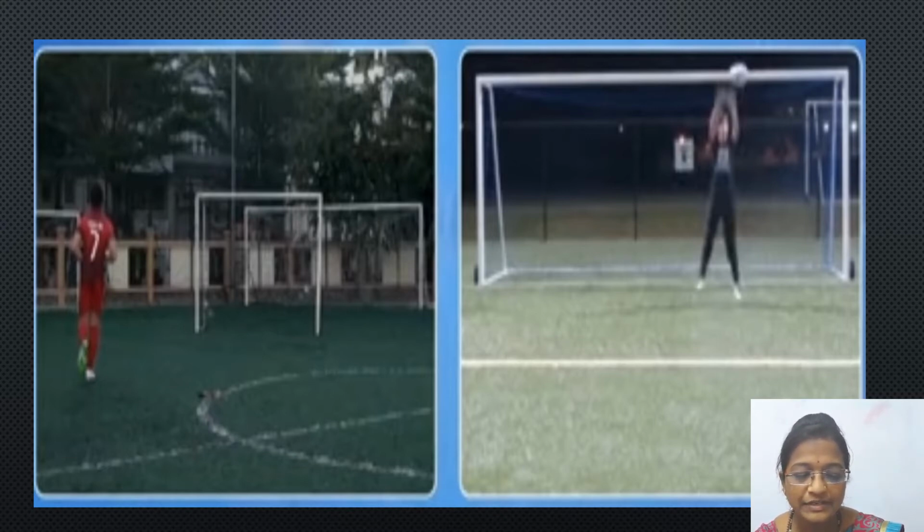Here it is increasing its speed, and here decreasing its speed. Okay. So force is applied to put a stationary object into motion by increasing its speed or to stop a moving object by decreasing its speed.